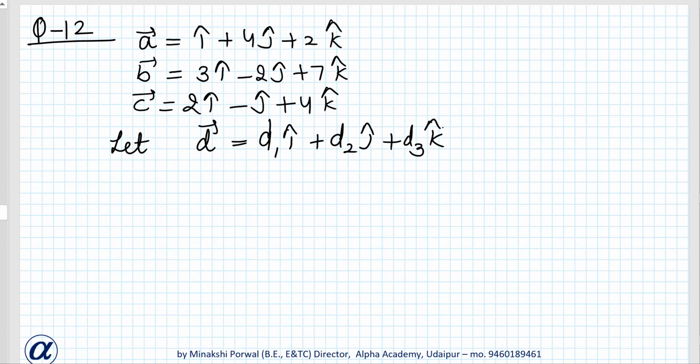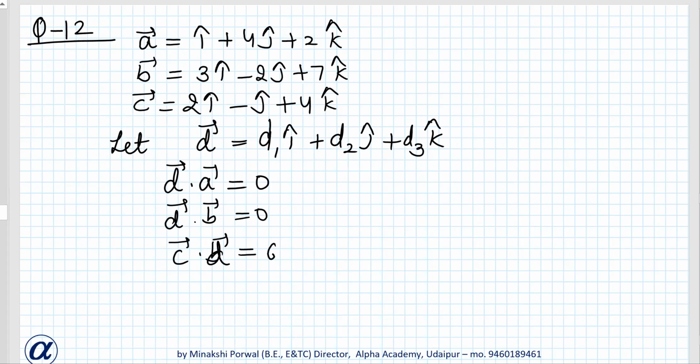If it is perpendicular to A and B, that means D dot A equals 0, D dot B equals 0, and it is already given C dot D equals 15.